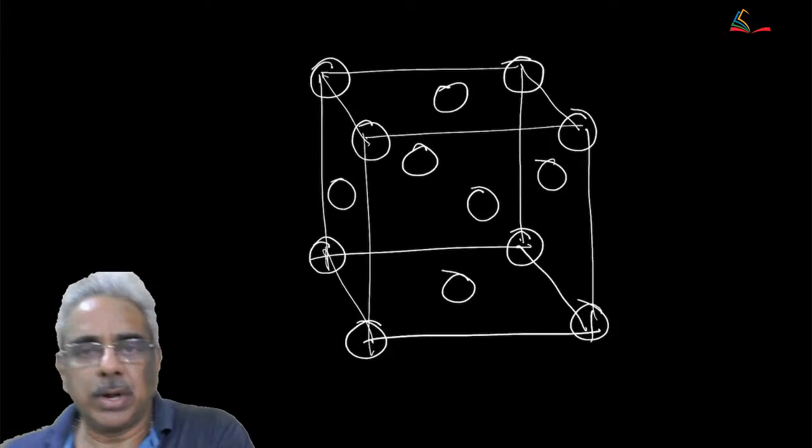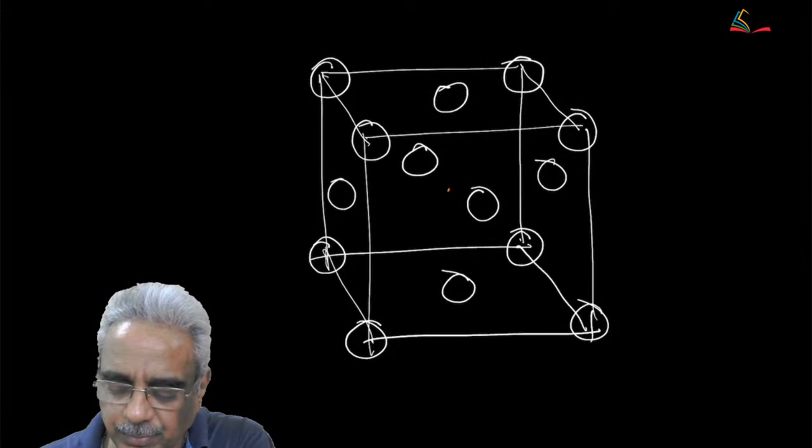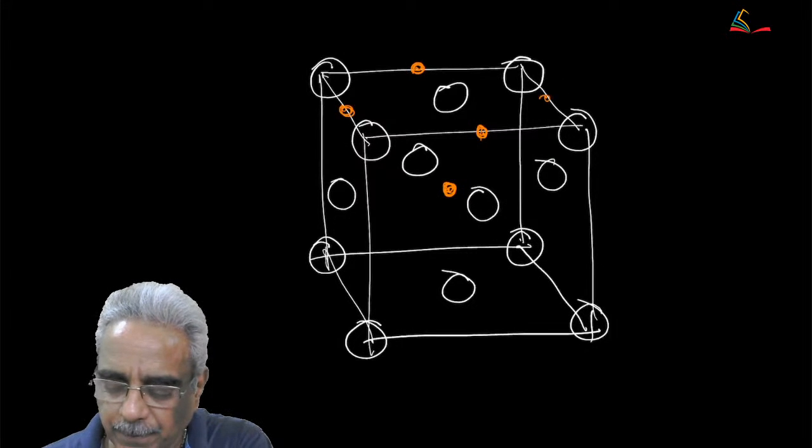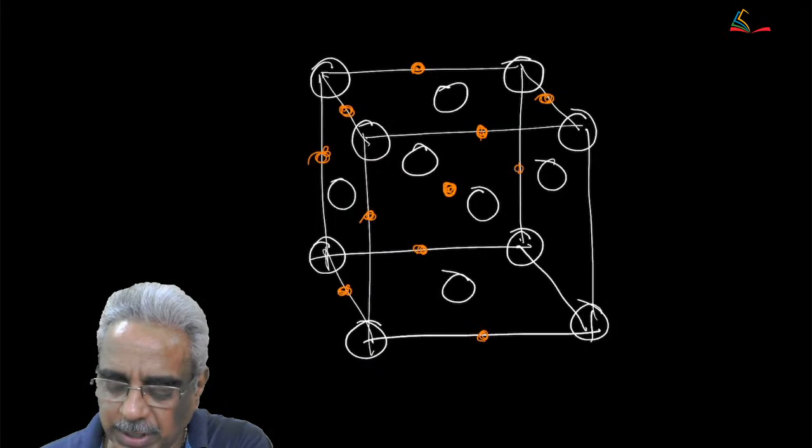So you have got all chlorides, as I just told. And where do you have sodiums? At the middle of the cube, and every edge has a sodium. See the beauty of the structure we have already drawn.